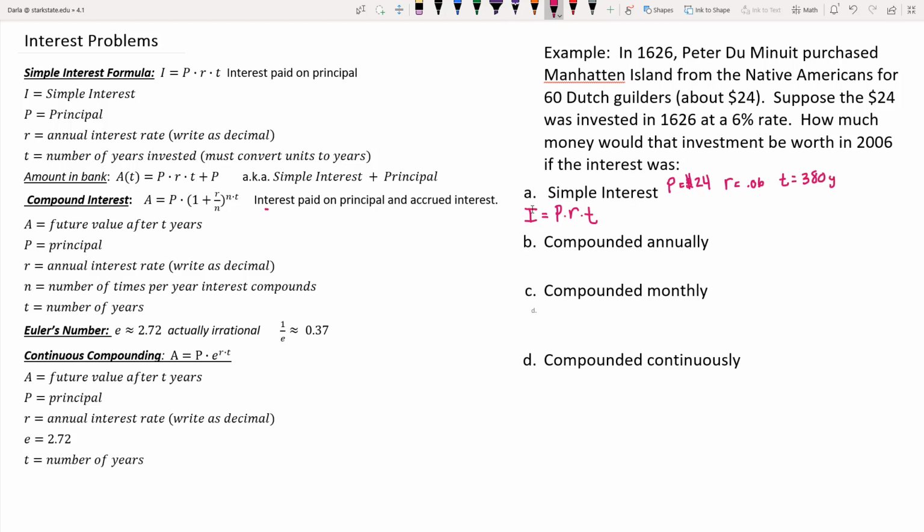So those are all your different values. If you want your simple interest, you just need to take those values and multiply them all together. And then when you do that, the result ends up being $547.20.